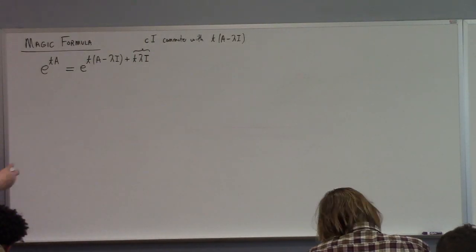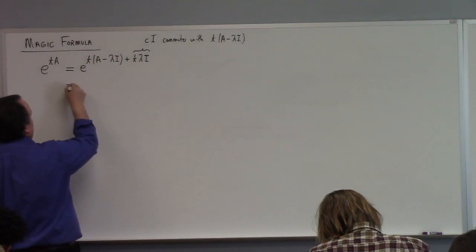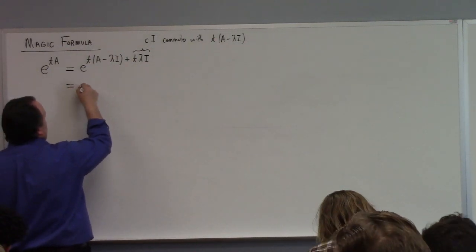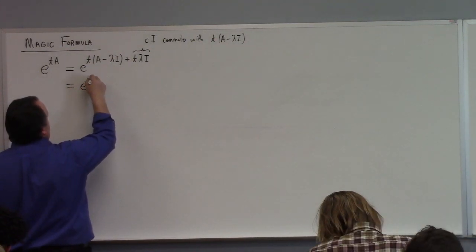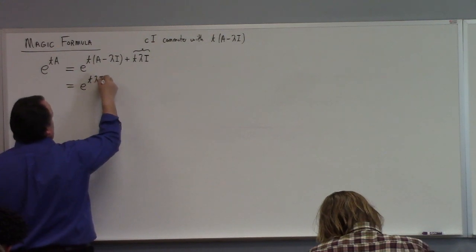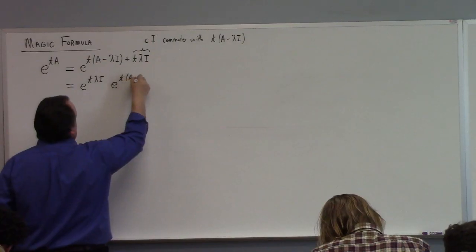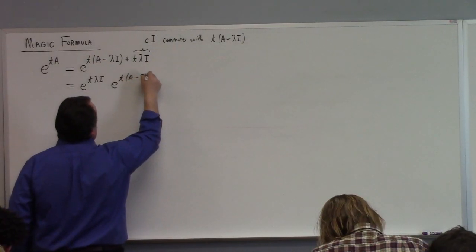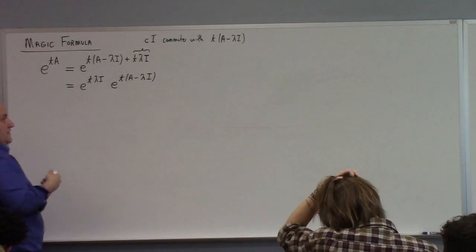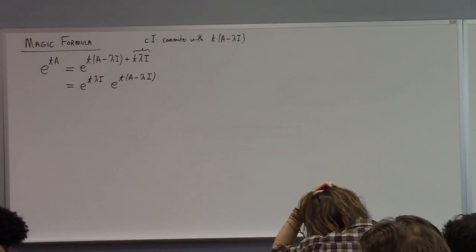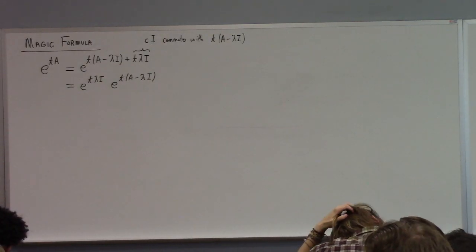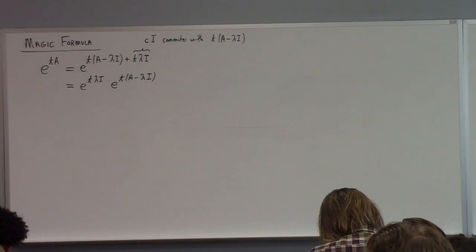So in this case, the law of exponents works, and I'll just rewrite this as e to the t lambda I times e to the t times (A minus lambda I), using the fact that those are commuting matrices, so the laws of exponents apply in this particular case.